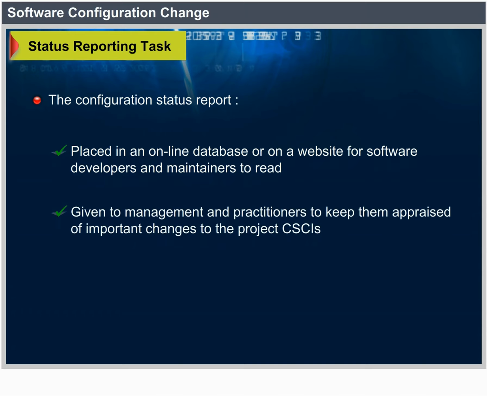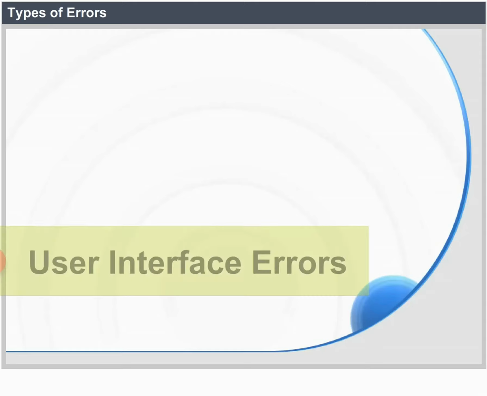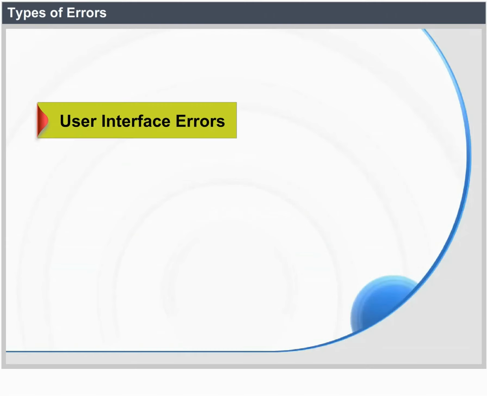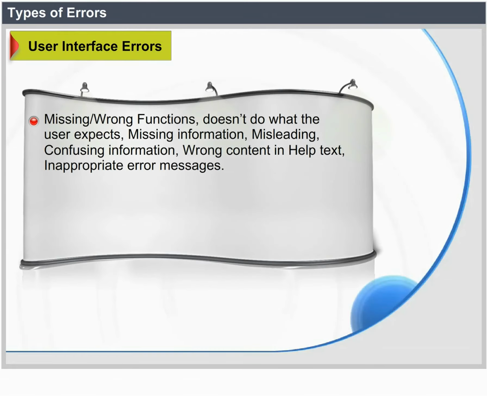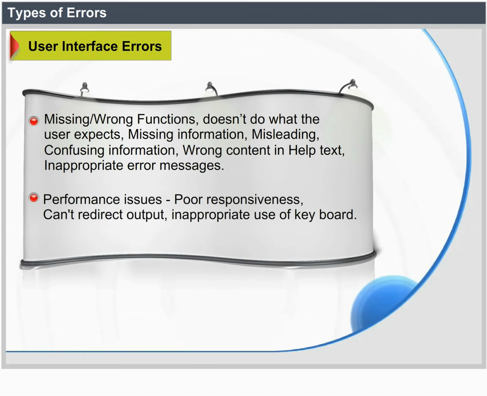Types of errors. User interface errors: missing or wrong functions, doesn't do what the user expects, missing information, misleading or confusing information, wrong content in help text, inappropriate error messages. Performance issues: poor responsiveness, can't redirect output, inappropriate use of keyboard.